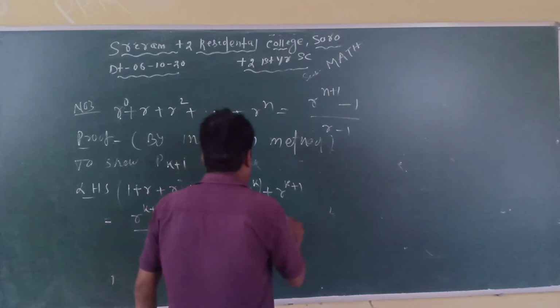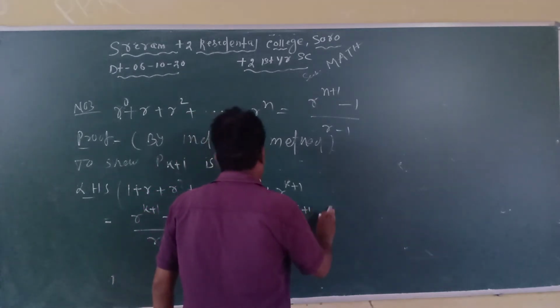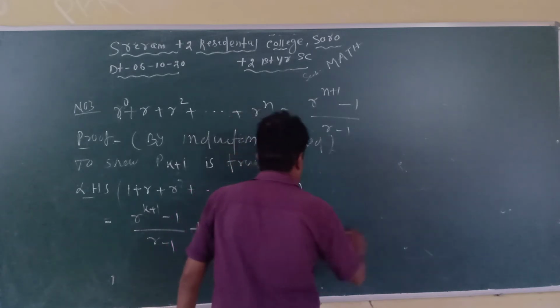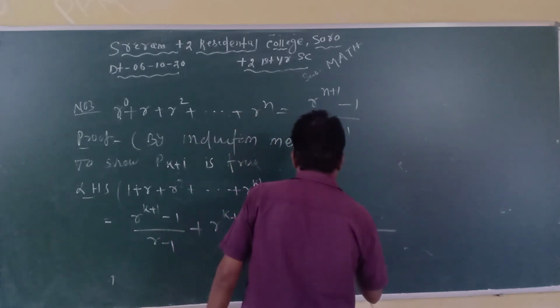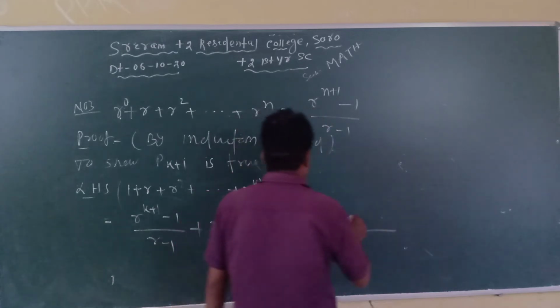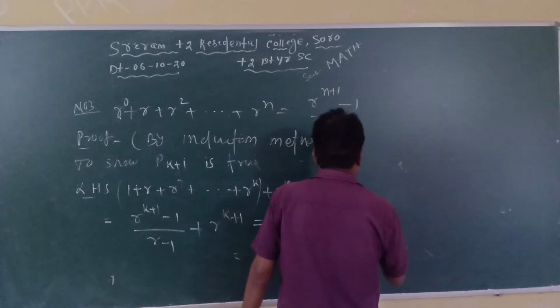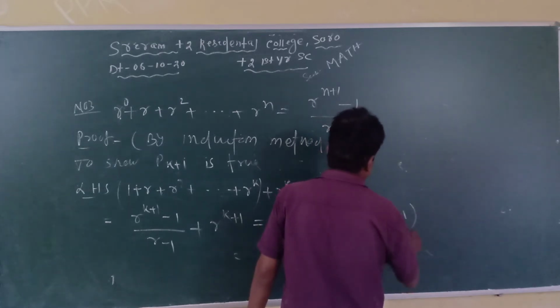So you write r to the power k plus 1 minus 1, plus r to the k plus 1 whole into r minus 1.